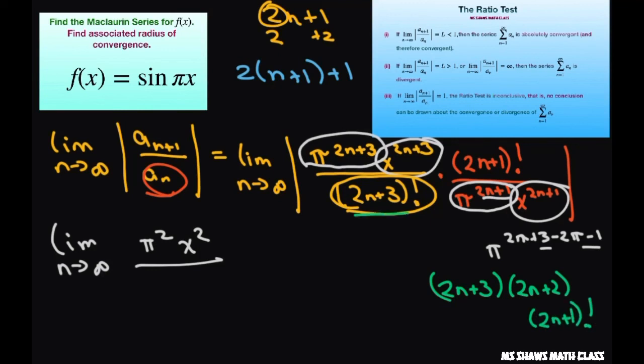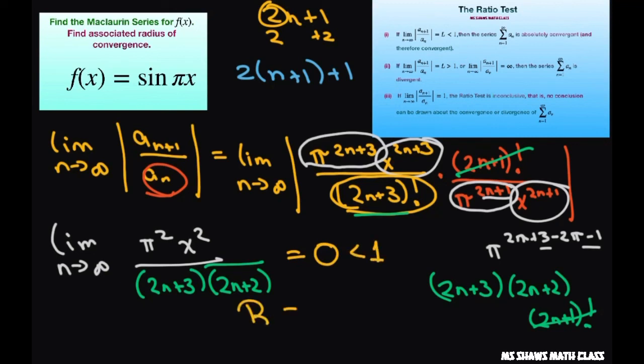That's the definition of factorial. So basically these two will cancel out, and we're going to be left with 2n plus 3 times 2n plus 2. Now as you take the limit, this equals 0, which is less than 1. So our radius of convergence is infinity for all x.